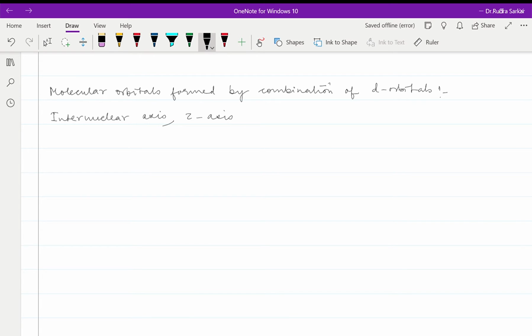Okay, so let us draw the z axis, and for that I am using this arrow.